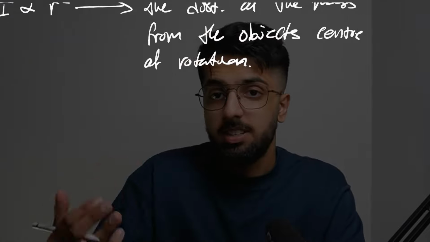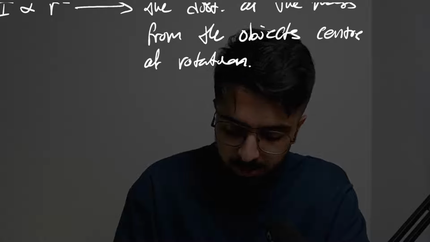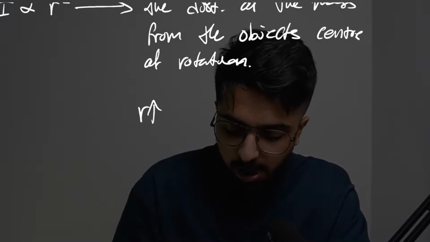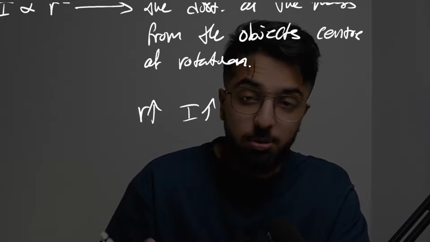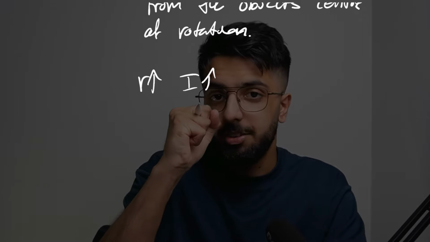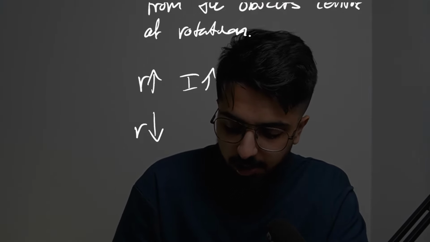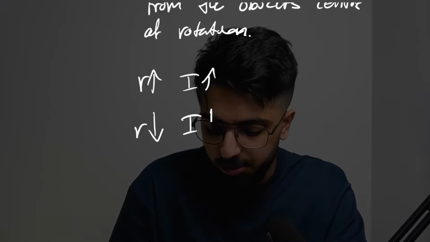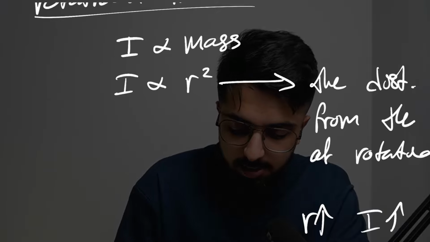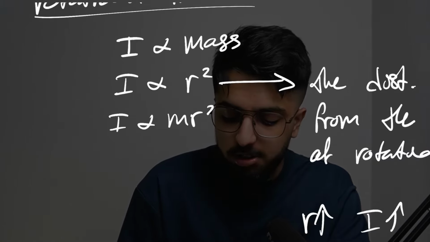And so what that essentially means is that if the mass is distributed far away, the r value is going to be greater, right? And therefore our rotational inertia is going to be greater also. And the opposite is true. If the mass is distributed very, very close to the center of rotation, our r value will be going down, and therefore our rotational inertia will also decrease. So that's our r value. And from this, we can basically say that I is directly proportional to our mass times our r squared.